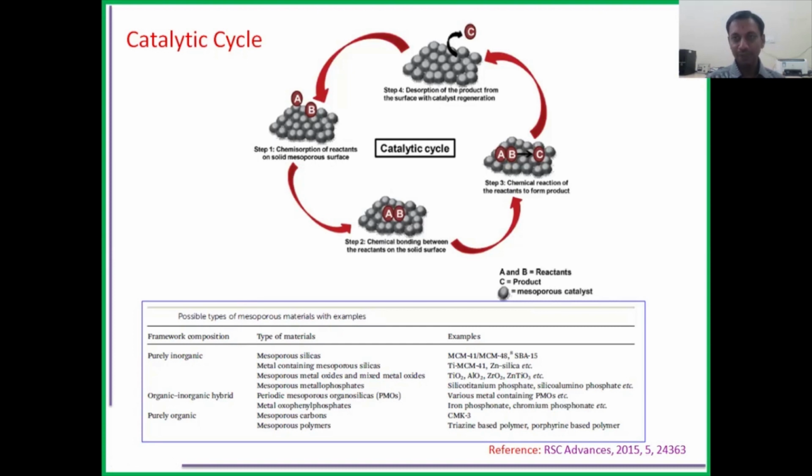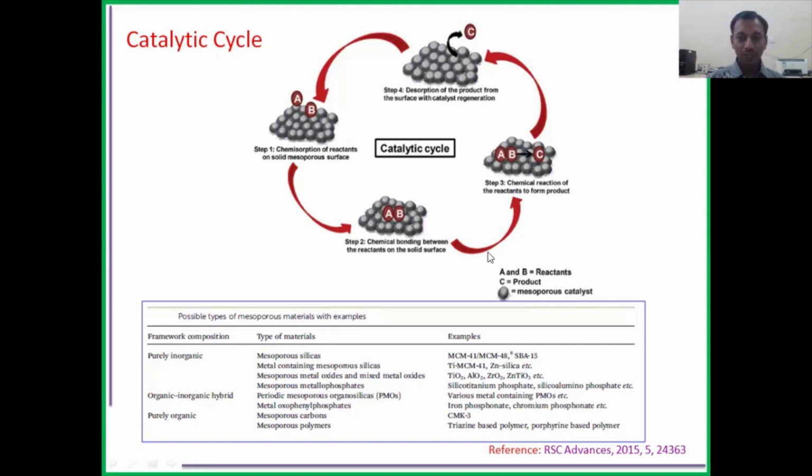After this step, we can get the product formation from the reactant. C is the product that is on the support again, and at last, if we want to get the product, then desorption of the product from the surface with catalyst regeneration is the most important step. So desorption is most important.